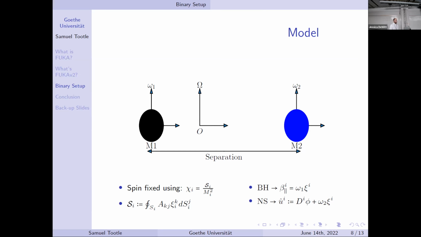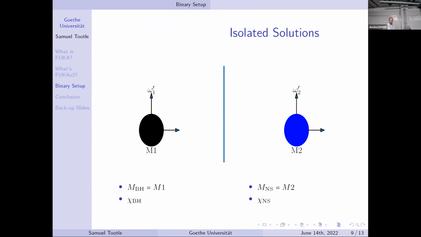For a black hole, this is done on the excision surface. For the neutron star, this is done somewhere outside of the neutron star surface. And these spin parameters show up in the equations in terms of boundary conditions. So in the case of a black hole, you have this boundary condition on the shift, the tangential component of the shift. In the case of the neutron star, this is in the specific enthalpy current decomposition, where you have a divergence free term plus some rotation term.